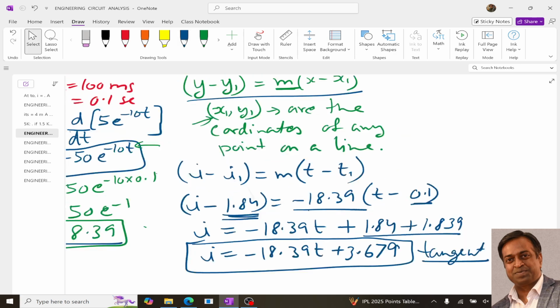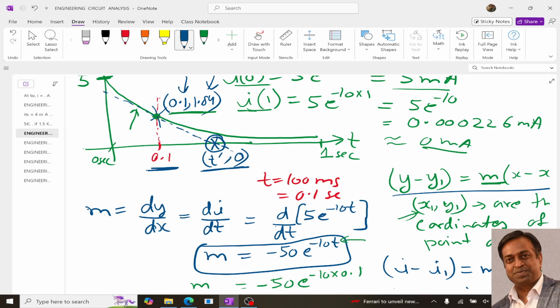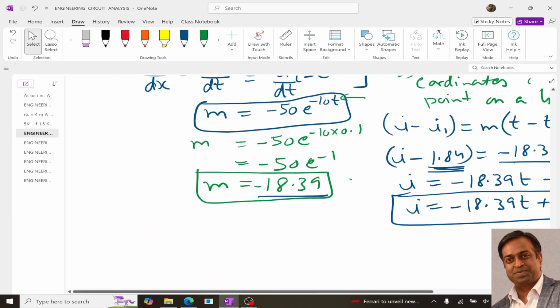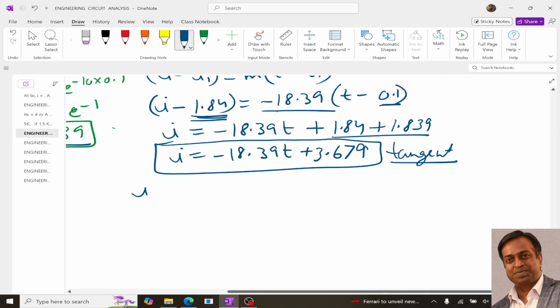Now it is asked in the question that we need to determine the point where this tangent is going to intersect the time axis, meaning where current is 0. So current is 0 means we will substitute the value of I as 0.